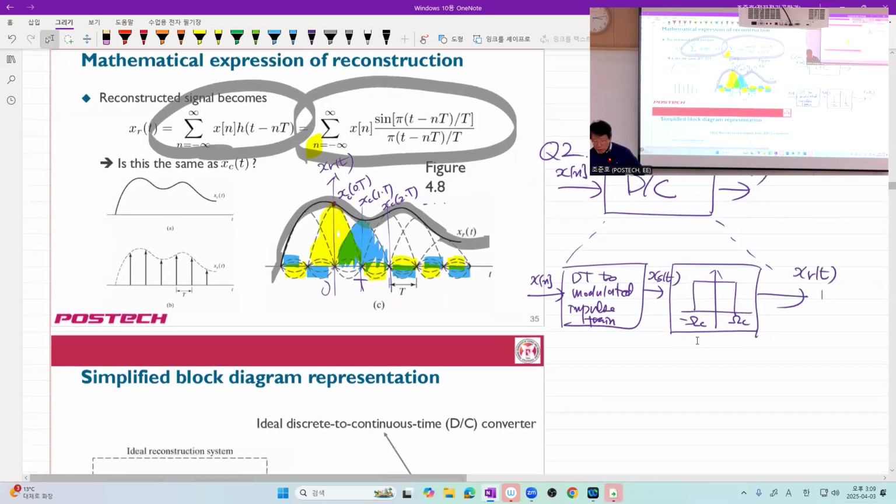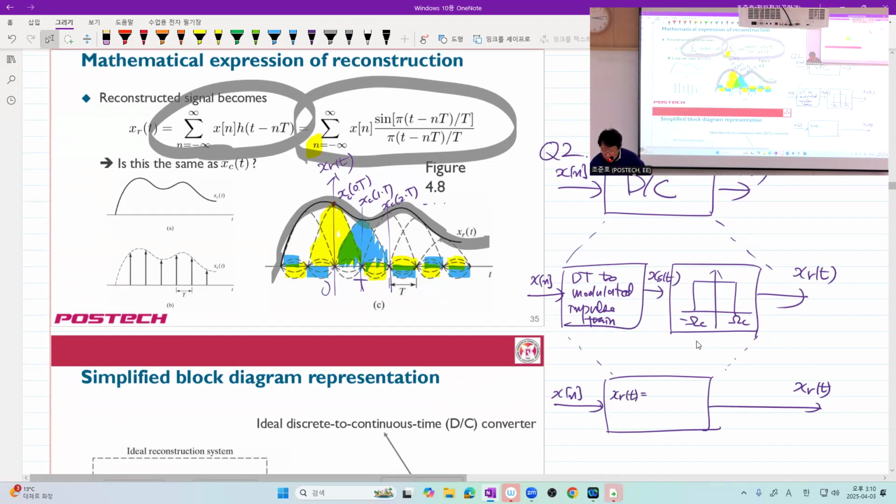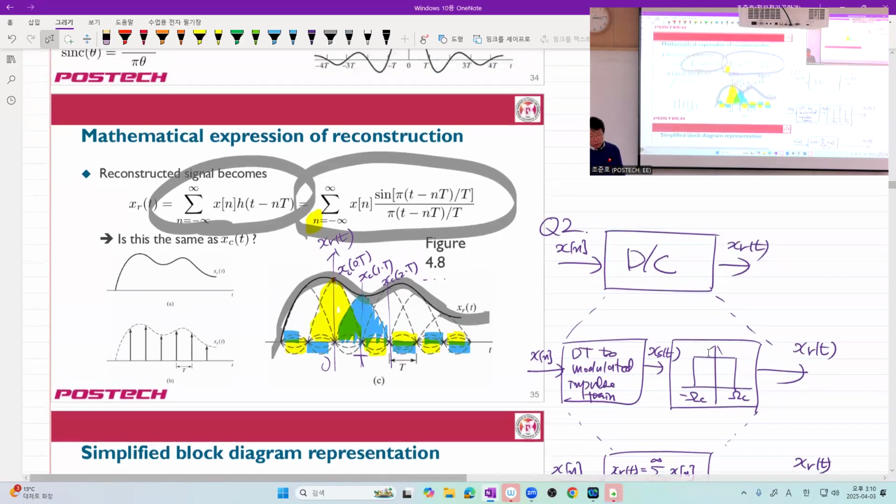Or, if you just want mathematically, you just do this operation. Done. Got it? So this is what's going on in the D to C converter.